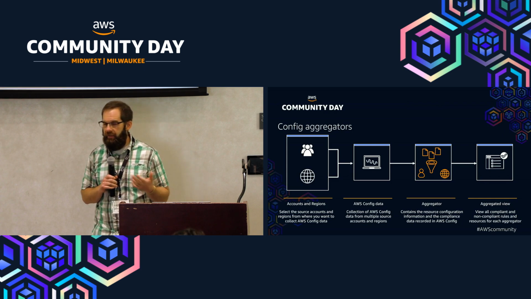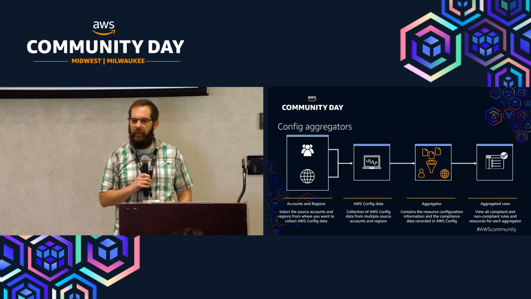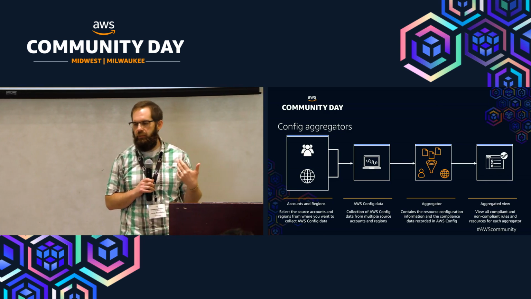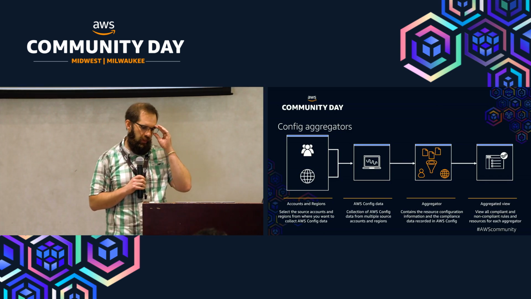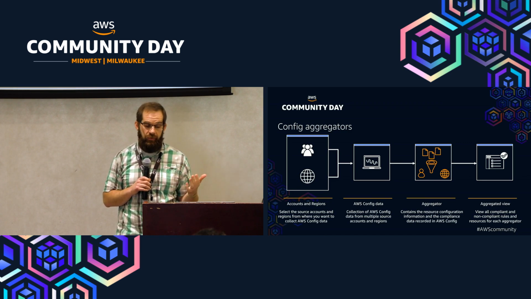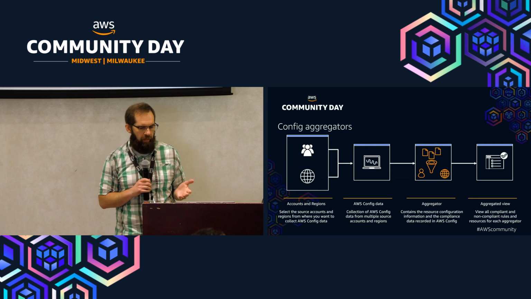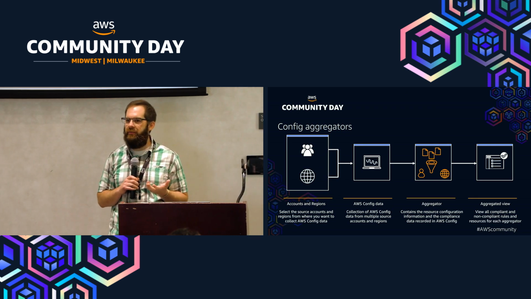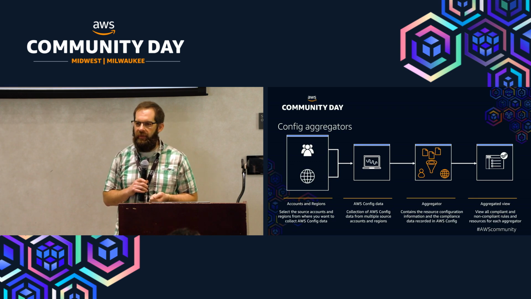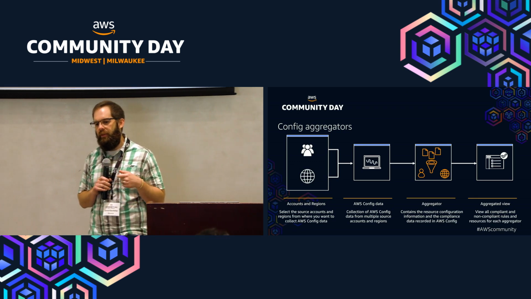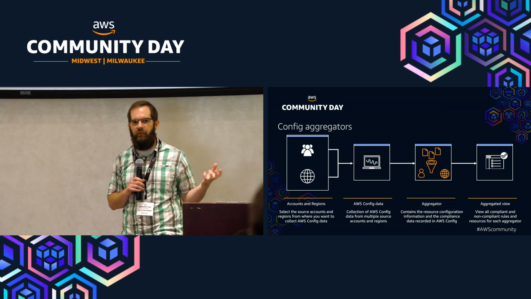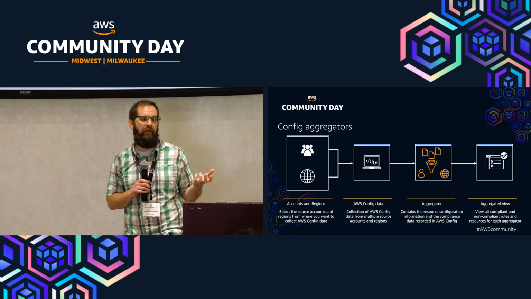Well, if you're in one account in AWS, it's probably not that big of a deal, right? You have your account, you can go into config, you can explore your resources, and you can kind of manage it. But as you start to grow and you have multiple accounts, hundreds of accounts, you're probably going to want some kind of centralized visibility to your resources. And one way to do that is with config aggregators. So when you're creating your config deployment, you can say, I want to designate an account to be the aggregate account.